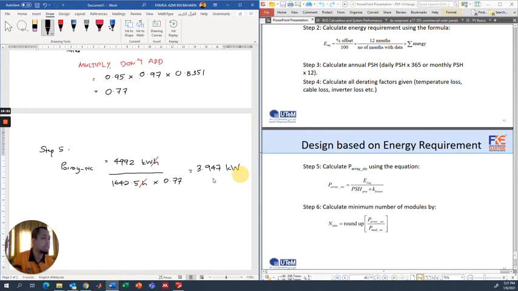Now we can calculate step 6 by simply having N min equals to round up the P array STC, 3.947 kilowatt, divided by the rated power for one module, which is 235 watts, as we saw just now.